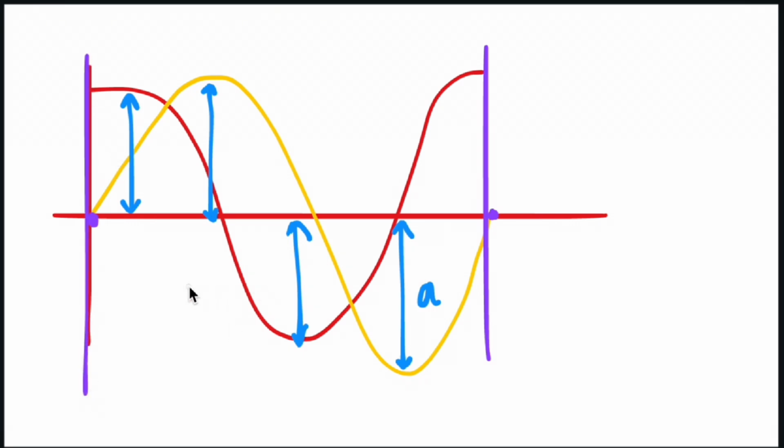One way we can recognize it is from any top point to the next top point. Like this is the highest point of a cosine, and the next highest point is here. So that distance is the period, although this graph is not drawn to scale, but it should give you a good idea of it.